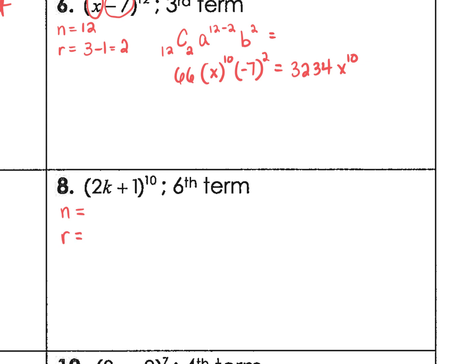Do your A-B form and then plug in for A and plug in for B, and see if you get the right answer. List N, list R, and plug in.